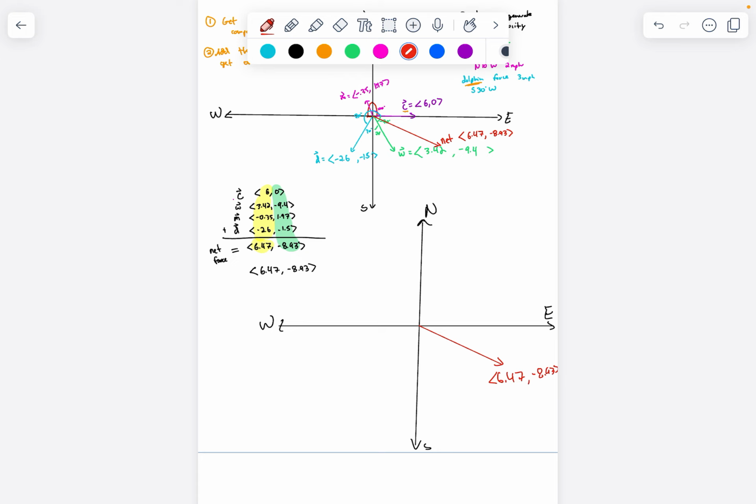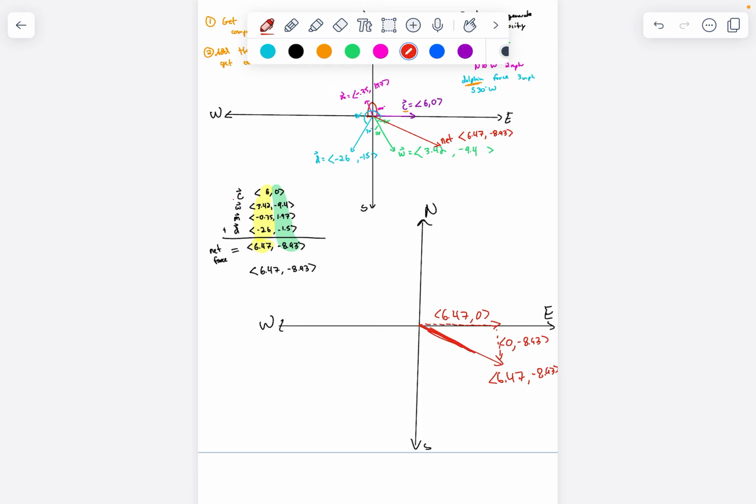Okay, which means that my net force acting on the boat here can be broken and thought of as a horizontal component, 6.47, comma, 0, and a vertical component, 0, comma, negative 8.93. This is essential. This is the result.